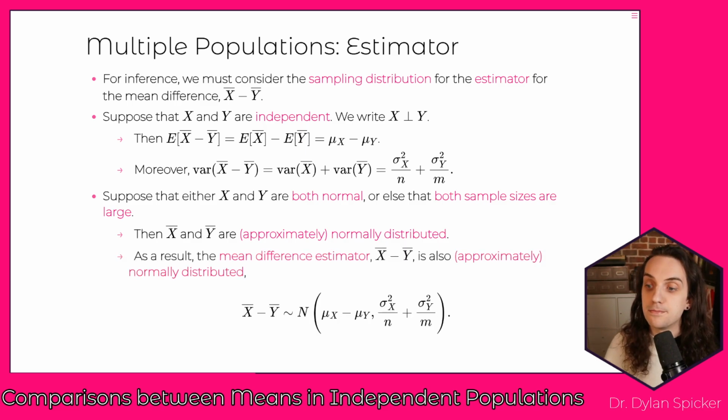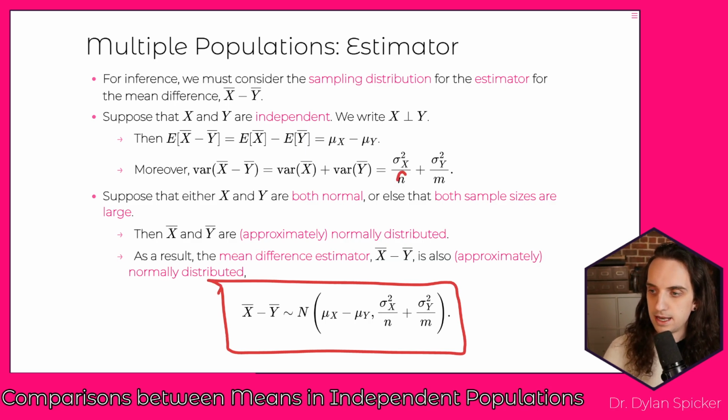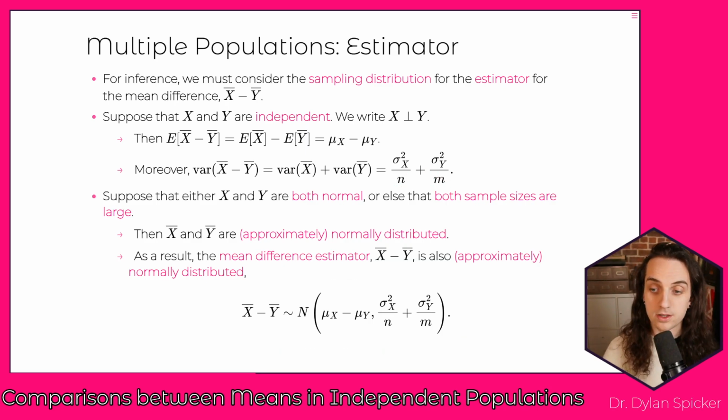As a result, the mean difference is also going to be approximately normally distributed. So x bar minus y bar is going to have a normal distribution. The mean is going to be mu x minus mu y, and the variance is going to be sigma x squared over n plus sigma y squared over m. This result is going to hold either approximately or exactly for the differences in means whenever we have large enough values for both n and m. So if our sample sizes are large, then this is going to hold.